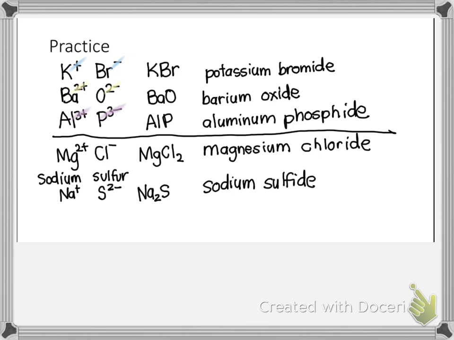Now, I'm going to show you a trick. Some people call it the crossover method. It's not a trick. It's a shortcut. And I find it helpful, especially when you're learning. So what you do is you look and you say, okay, how many magnesium do I need?